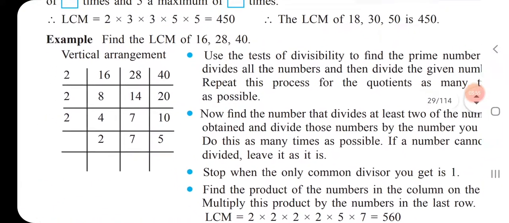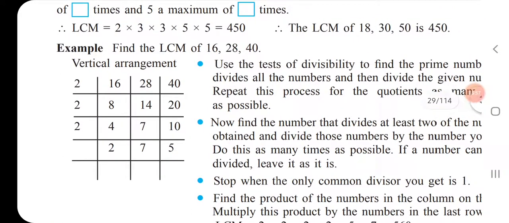So here, if you see this example, 16, 28 and 40, all these numbers are divisible by 2. So 2 is taken as a common factor for all. Then the quotients will be 8, 14 and 20. Again these numbers are divisible by 2. So after that the quotients are 4, 7 and 10.